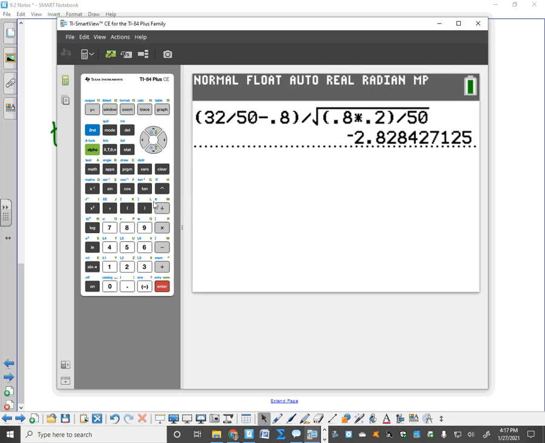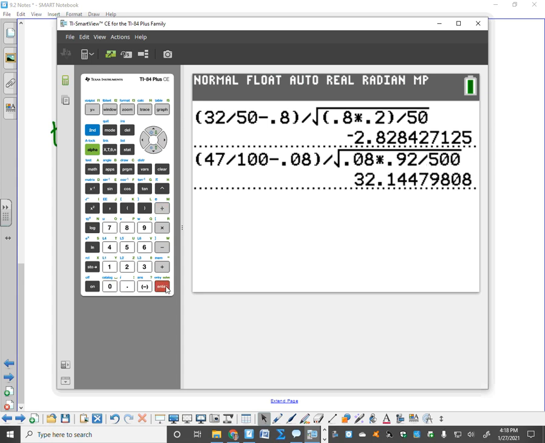Okay, so here I go. I have parentheses because I have to corral the top. 47 divided by 100 minus 0.08. Close the top, divide, square root. 0.08 times 0.92 divided by 500. Nope, something's wrong. What did I do?